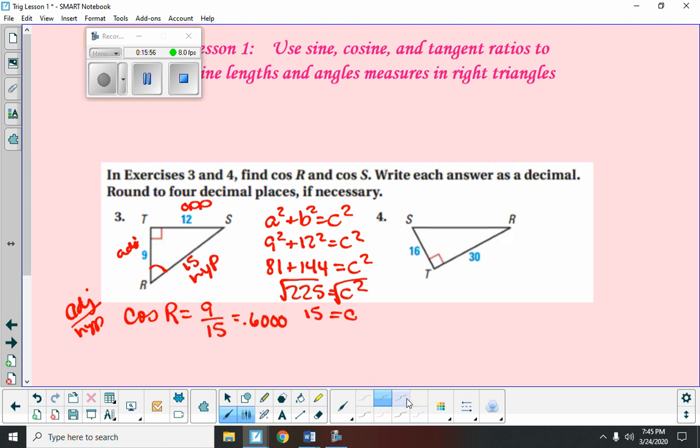All right, let's also find the cosine of angle S. Okay, so if I'm looking at S, the opposite becomes 9, the adjacent becomes 12. So cosine is the adjacent, which is 12, over 15. And 12 divided by 15 is 0.8. There, just like that.